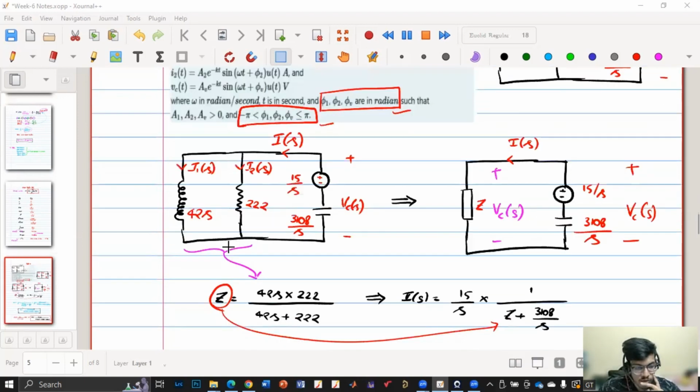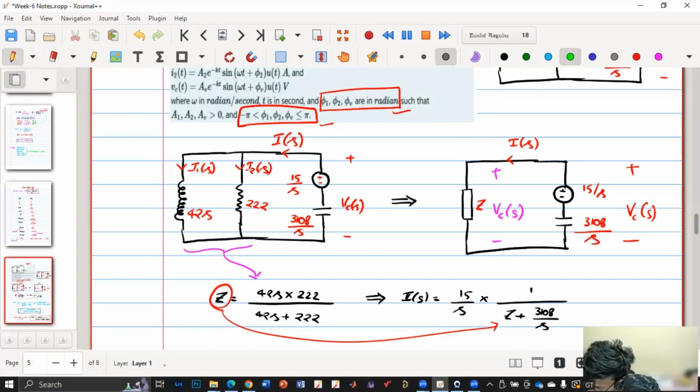Now we have transformed this into this circuit. So VC of S is nothing but this term, from here to here, which is also equivalent to this voltage because they are the same terminals. So VC of S, I can write it as Z into I of S.